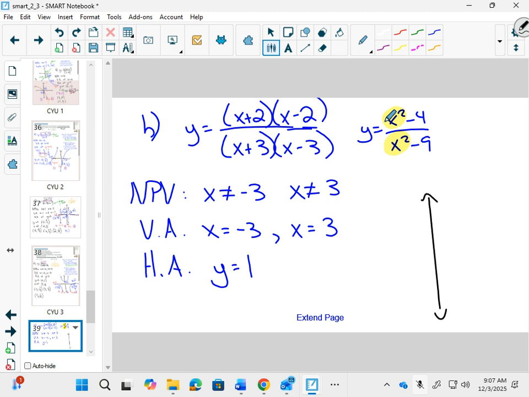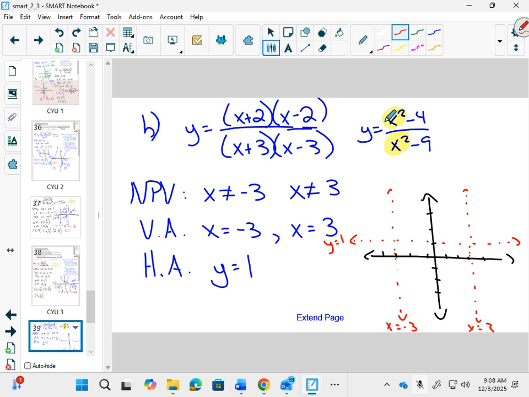So I go to start my graph. Vertical asymptotes at -3 and 3. And a horizontal asymptote at y equals 1.